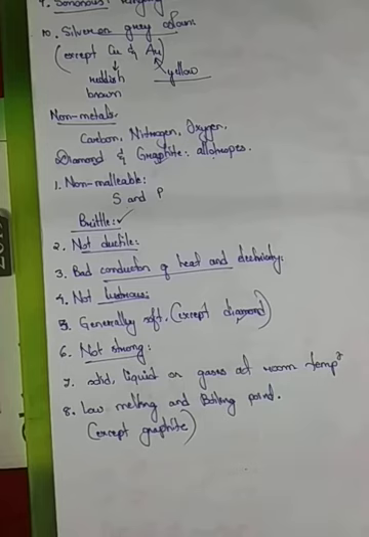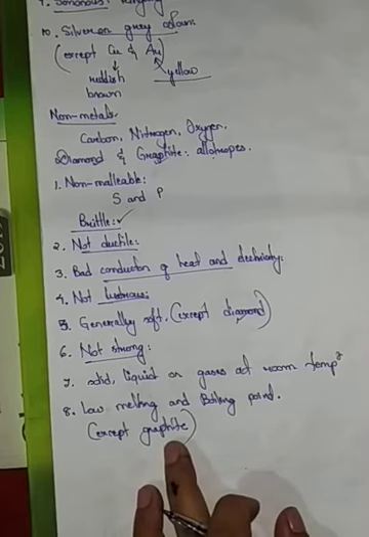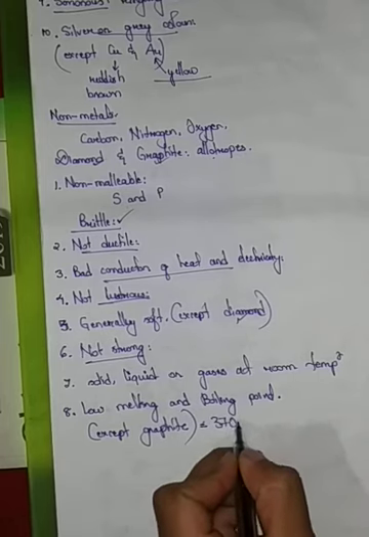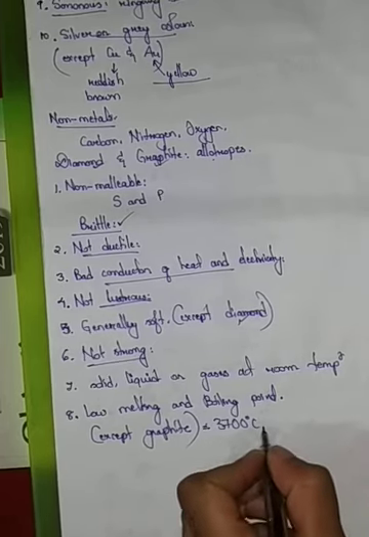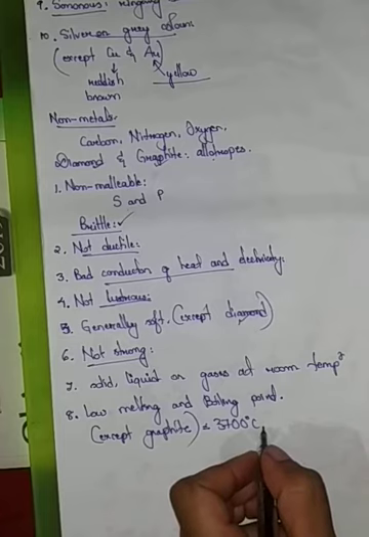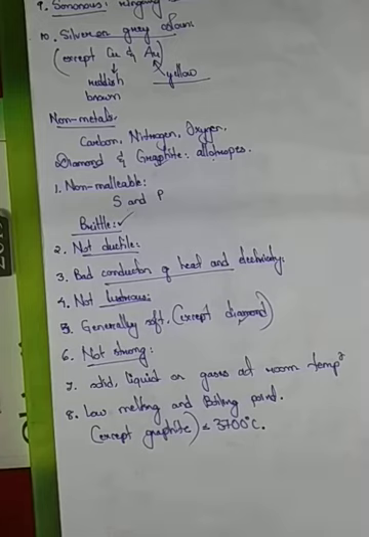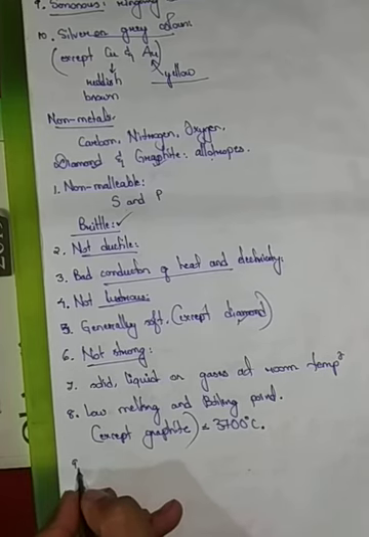Graphite is the only non-metal that has a very high melting point, approximately 3700 degrees centigrade, whereas the remaining non-metals have a very low melting point, generally around 100 to 200 degrees centigrade. Now number 9, non-metals have low density, they are not sonorous.